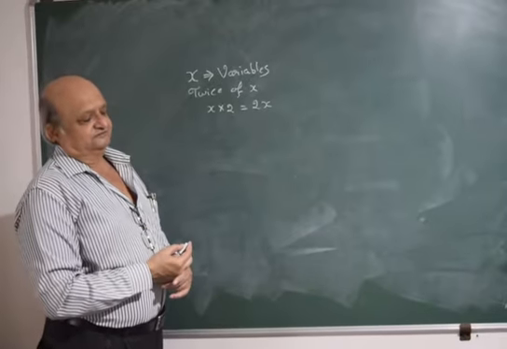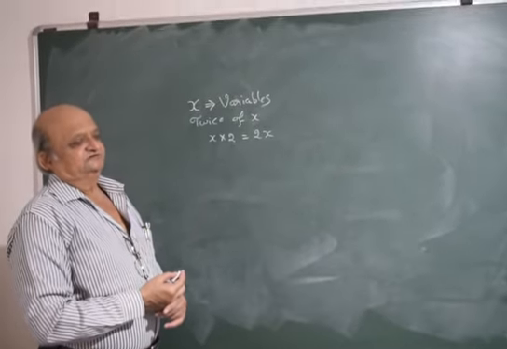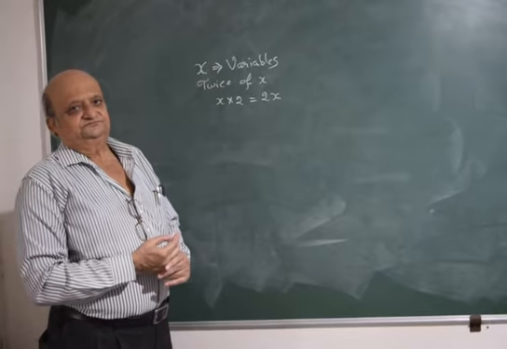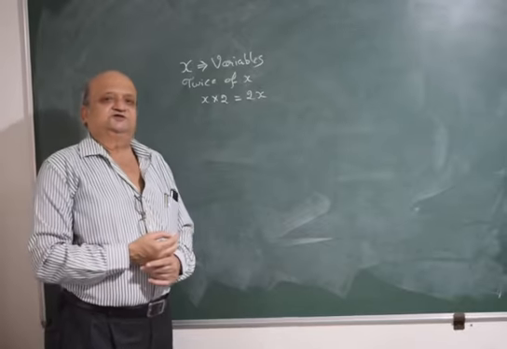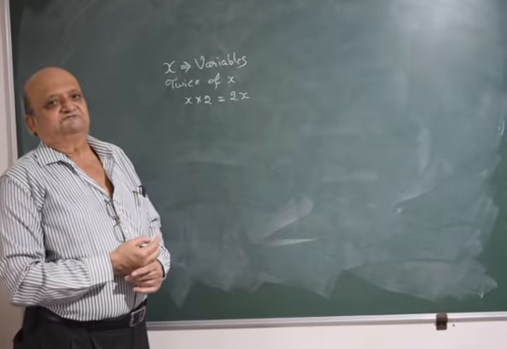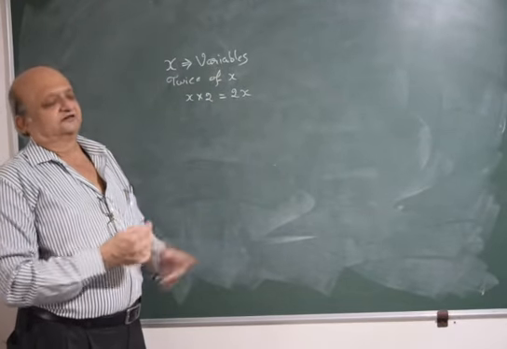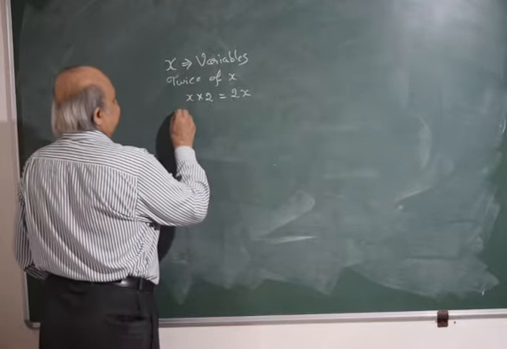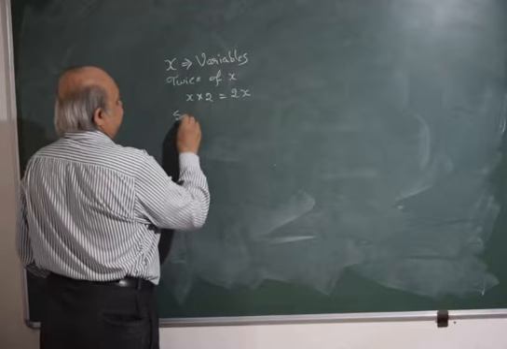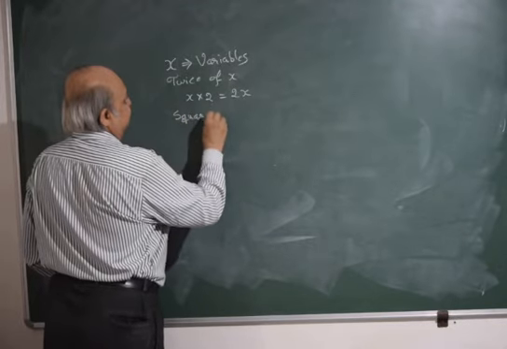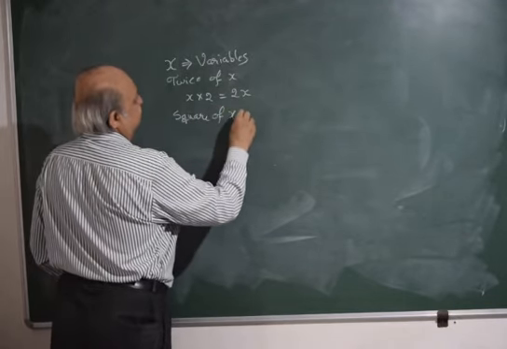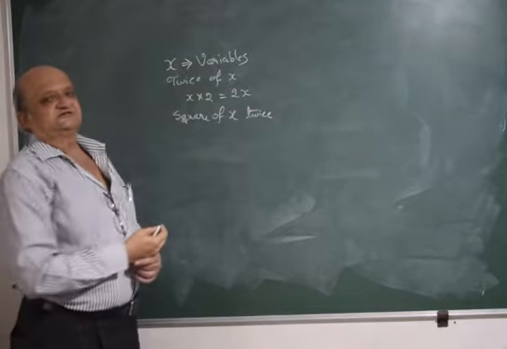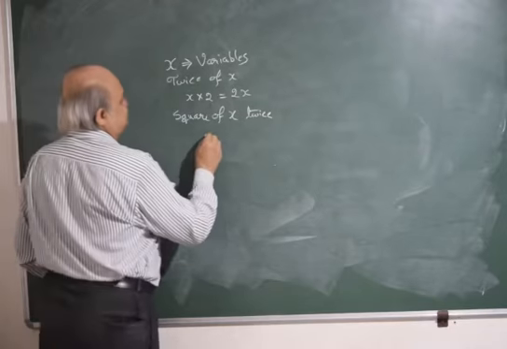Many a times the x may carry a power. Square of x, cube of x, fifth power of x, 100th power of x. Well, square of x twice. How do we write it? Simple.